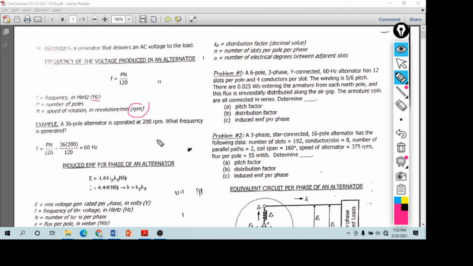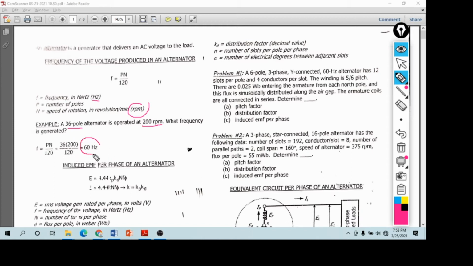Okay, so let's have an example. Example, a 36 pole alternator is operated at 200 RPM. So what frequency is generated? Okay, so we have the number of poles, we have the N, the speed of rotation. So substitute to the formula, F is equal to P times N over 120. So therefore, 36 times 200 divided by 120.